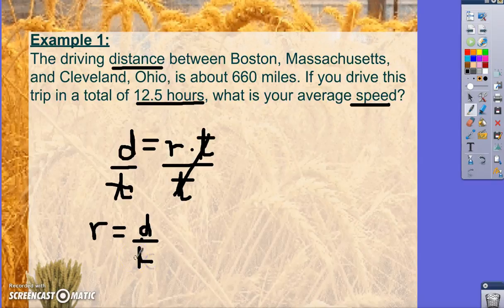And then all we have to do, with it already rearranged, is plug in our information. So the distance is 660 miles over 12 and a half hours.